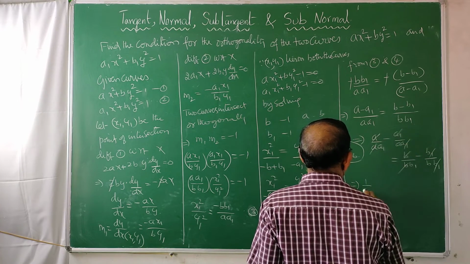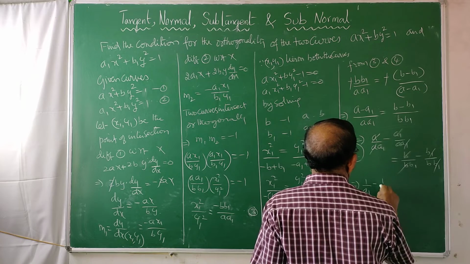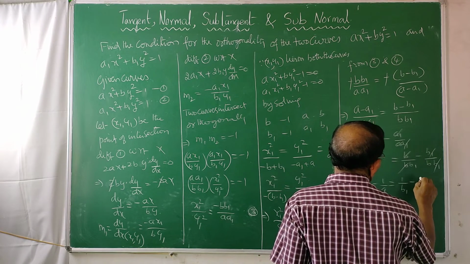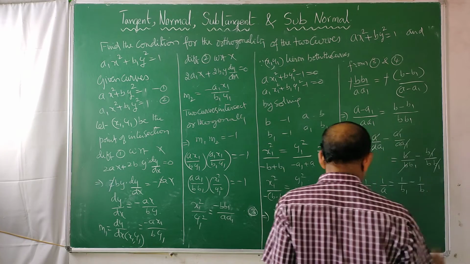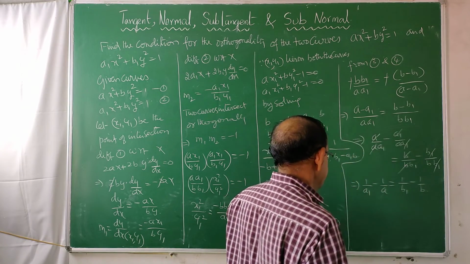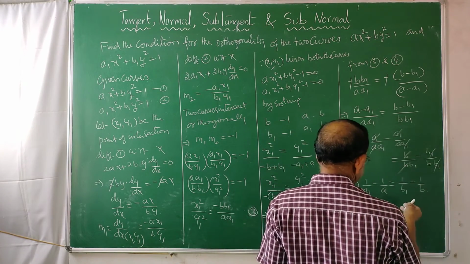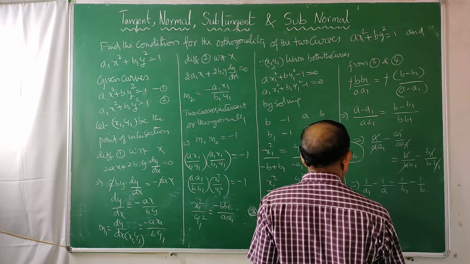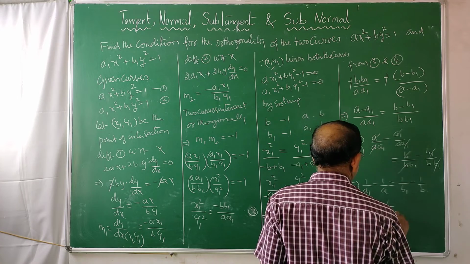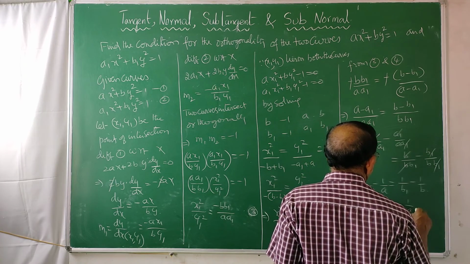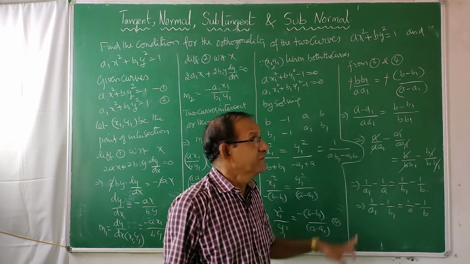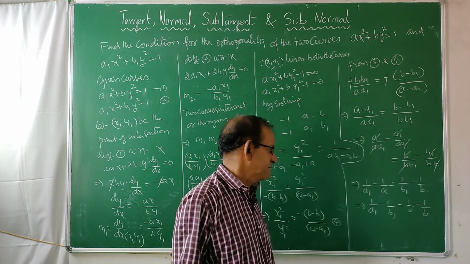That implies 1 by a1 minus 1 by a is equal to 1 by b1 minus 1 by b. So you bring 1 by a to the right side and 1 by b1 to the left side. That is 1 by a1 minus 1 by b1 is equal to 1 by a minus 1 by b. That is the condition for the two curves to intersect orthogonally.